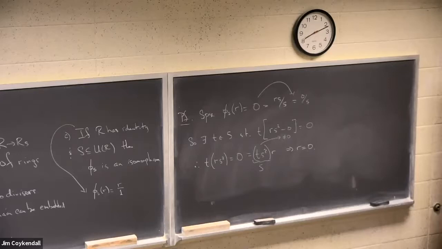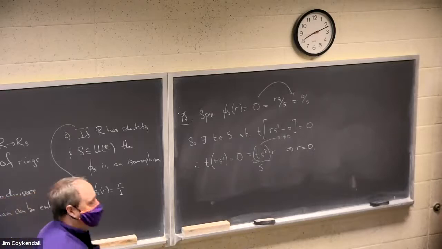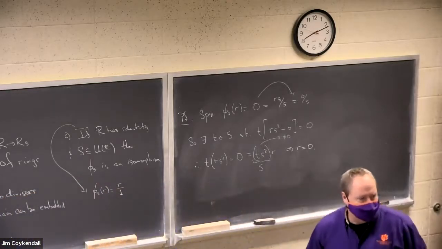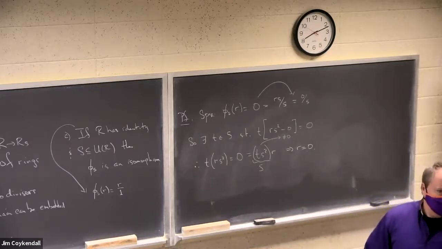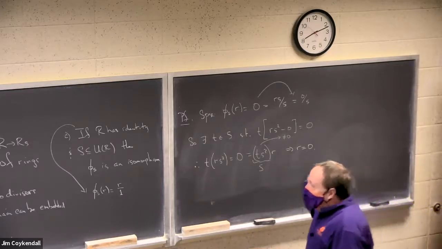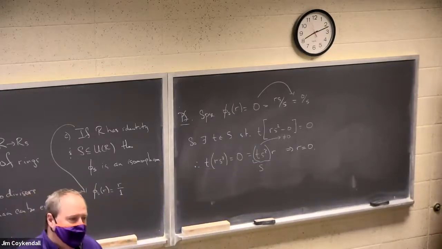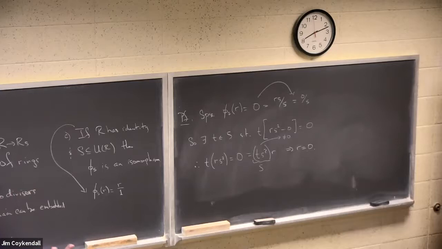Yes. For that part B, would it make a difference if you're assuming S contains no 0 divisors versus R containing no 0 divisors? Oh, if you say R contains no 0 divisors, that's a stronger statement. That's a sweeping statement. If R has no 0 divisors, then S doesn't, right? But this is a tighter condition, because there may be 0 divisors in R, but as long as your set doesn't contain any of them, you're good to go.